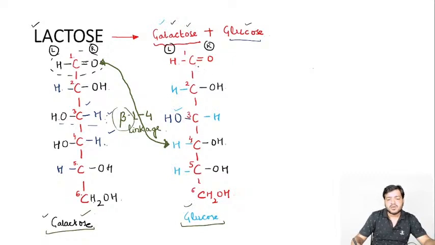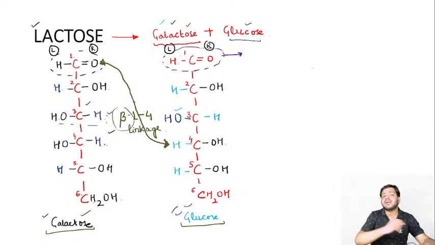Why? Because you can see that there is a free functional group present at the first carbon in glucose. The functional group of glucose is the aldehyde group. It is free. Why is it free? Because it is not taking part in the bond formation. So we have a free functional group.